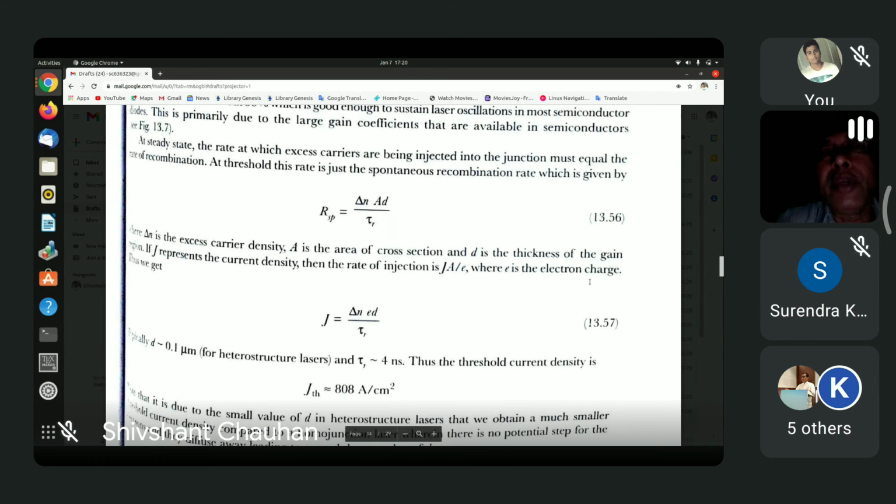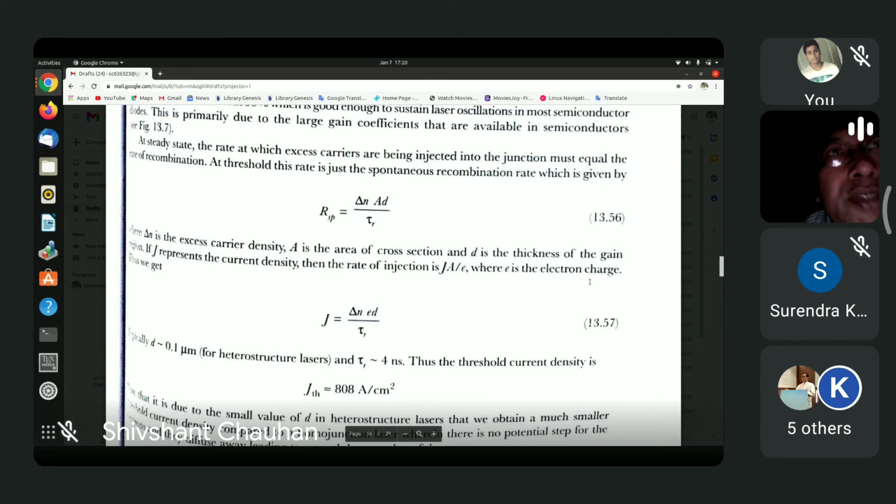Now, coming to equation 13.56, you see that this quantity RSP denotes the rate at which recombination is taking place. So RSP is equal to delta N into AD divided by tau R. What is delta N?